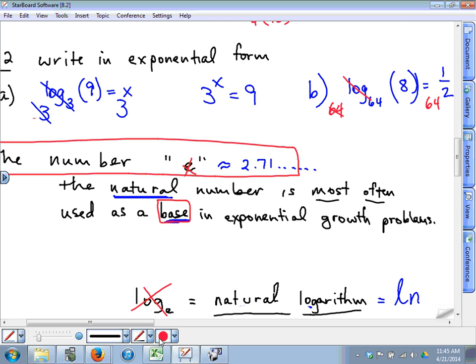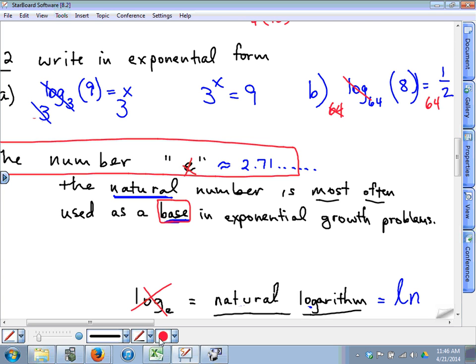Some students misunderstand and think the natural logarithm is a completely different type of logarithm. All a natural logarithm is a logarithm with what base? Base of E. It's no different than any other logarithm, which has a different base. So your calculator will do natural logarithm.